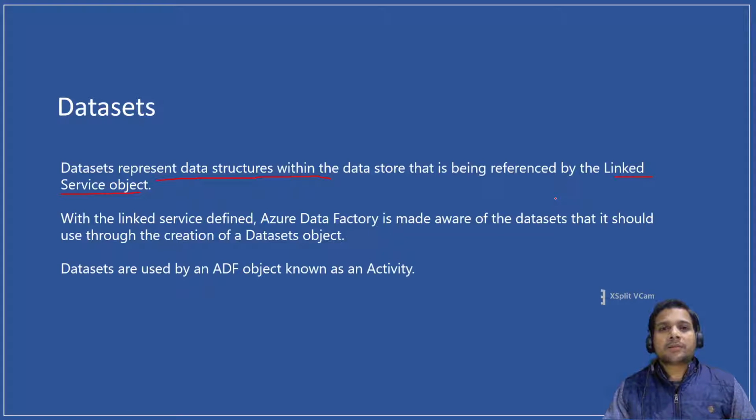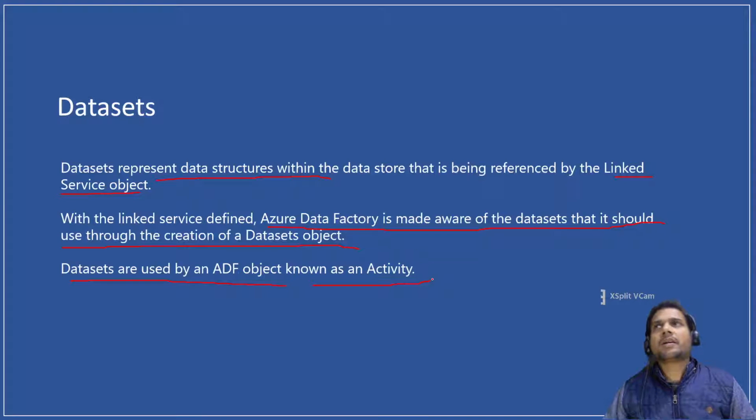Whatever linked service, the connection manager, we establish, then with the help of a dataset we reference data stored in the same connection which we have created using the linked service. With linked services defined, Azure Data Factory is made aware of a dataset that it should use through creation of a dataset object. So datasets are used by the ADF object known as an activity.